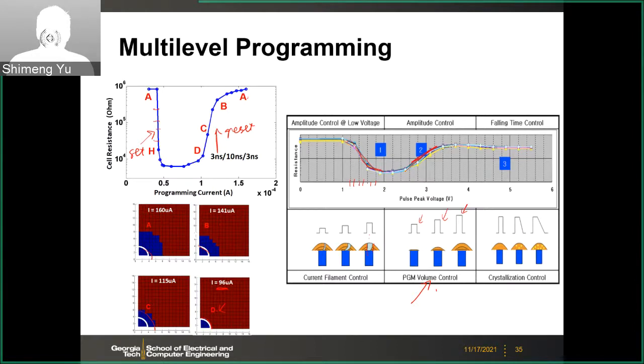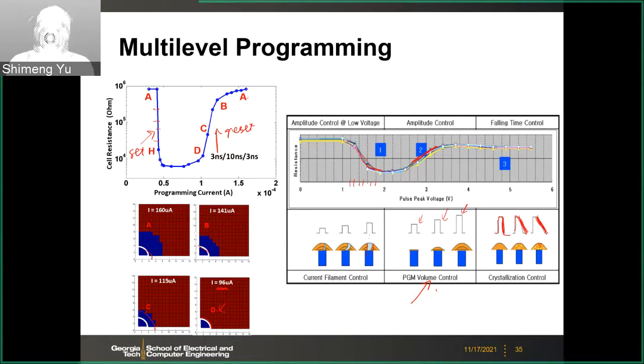And also, in the reset part, you can play with this falling time. When you design the shape of the pulse, you can make the falling more abrupt or less abrupt. If it's less abrupt, then you won't melt all the volume.